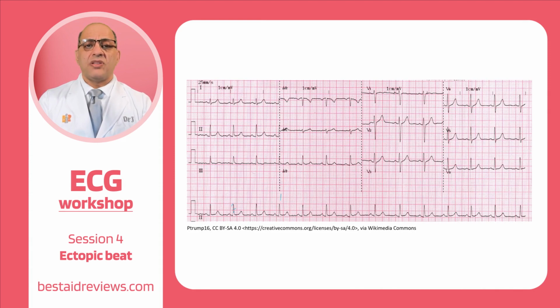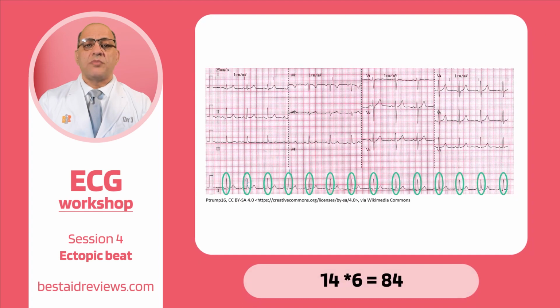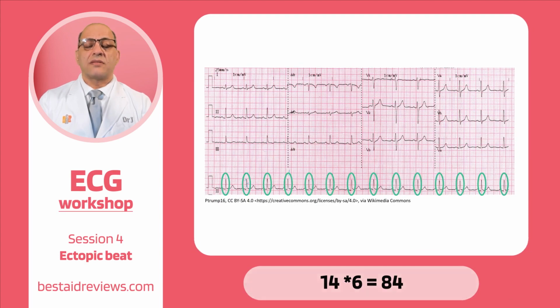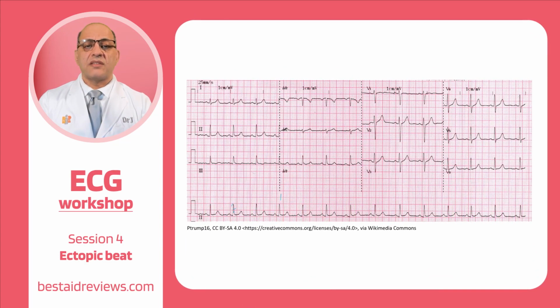So based on the time that you took your EKG, if it was for 10 seconds, whatever number of beats you have there, you multiply that by 6 and you get your heart rate in 60 seconds. If it was for 15 seconds, you multiply that by 4 and you get the heartbeat in 60 seconds. This is how you determine the heart rate in situations like that.